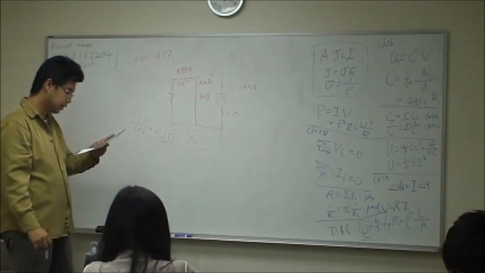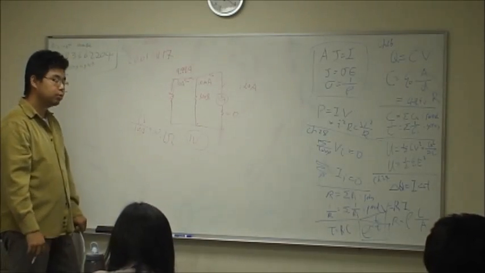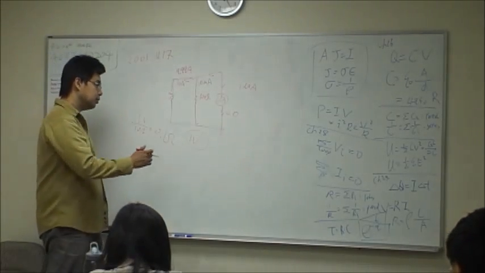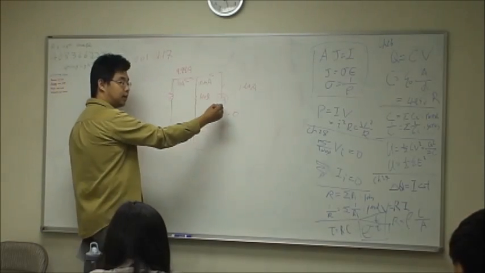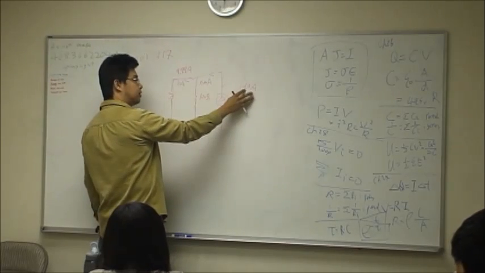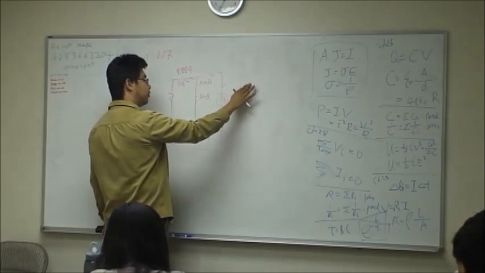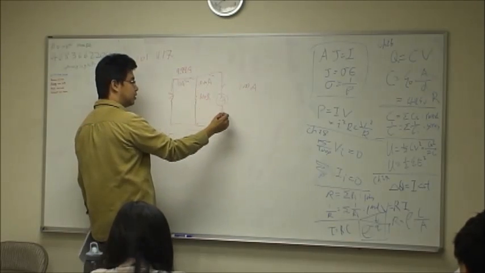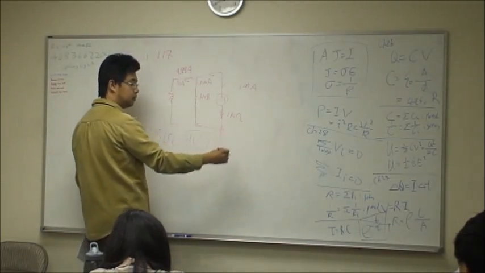Okay, so it's answer A. This one tells you that the ampere meter resistance here is not necessarily really small. Actually, if let's say this is 1 milliamp, it means the resistance here is actually 1 kilo ohm.